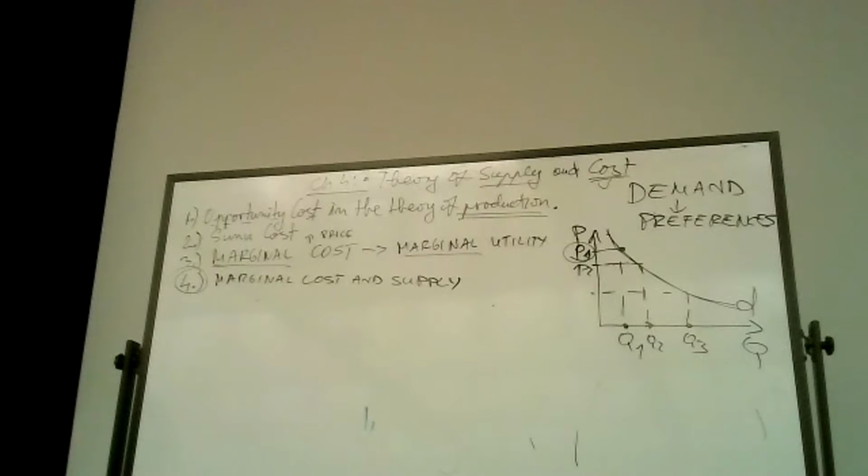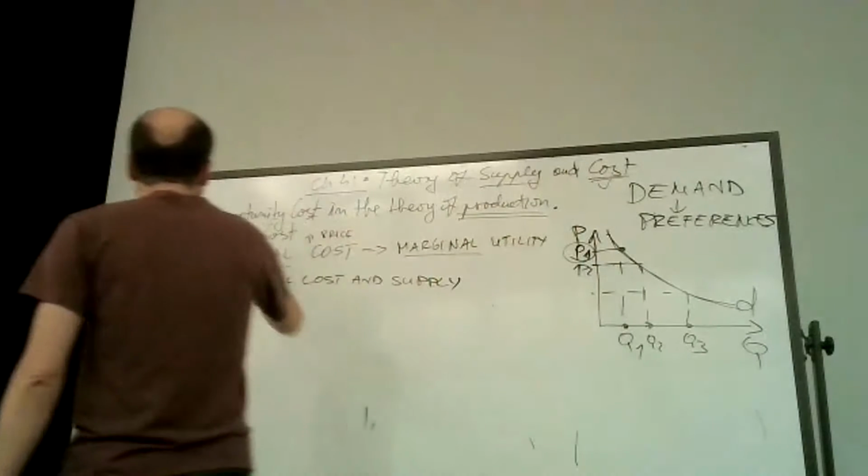There is the same relationship between supply and marginal cost as there is between demand and utility. It is the same or a very similar type of relationship. But we'll come to that in a moment.